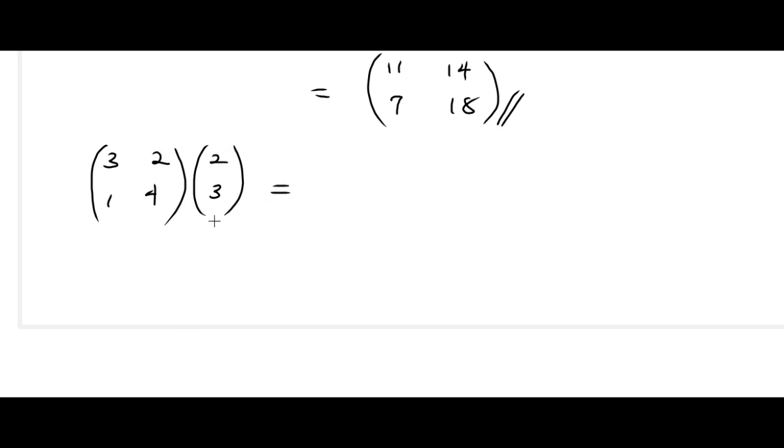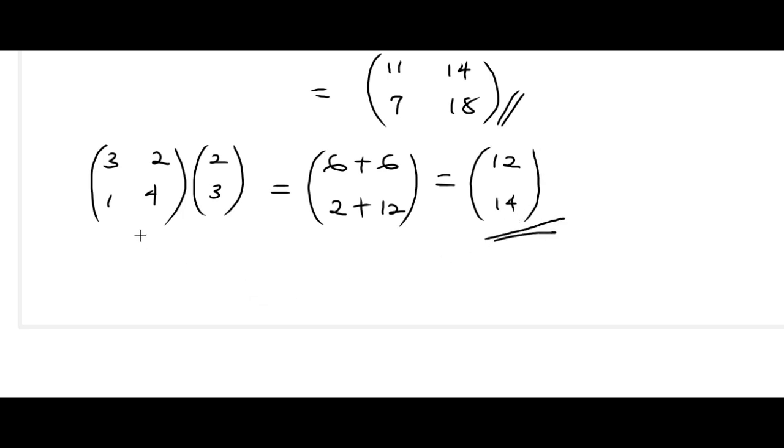Just take the first row and the only column we have here. 3 times 2, we have 6, plus 2 times 3, we have 6. Then 1 times 2, we have 2, plus 4 times 3, we have 12. So 6 plus 6, we have 12. 2 plus 12, we have 14. This is the product of these two matrices.